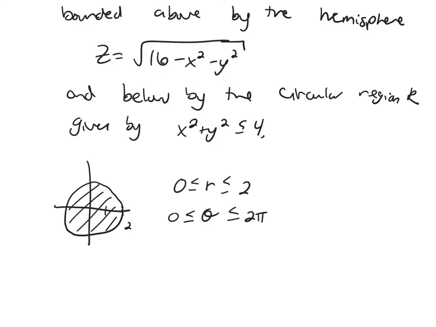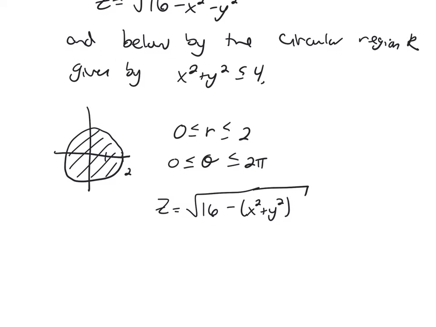Now remember, we are going to have to convert our function z into polar. This is 16 minus, I can factor out a minus, x squared plus y squared. x squared plus y squared in polar coordinates is r squared.